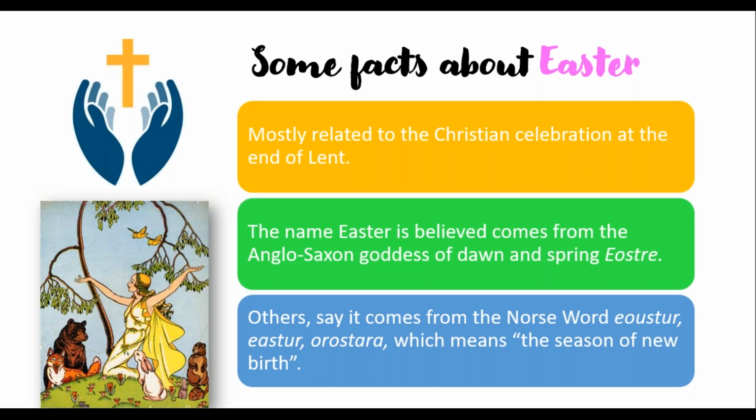Another symbol that is very important during Easter is the Easter bunny. Well, the bunny originally was a hare. A hare is a variation, it's like a bunny, but with bigger ears and not as cute as a bunny.